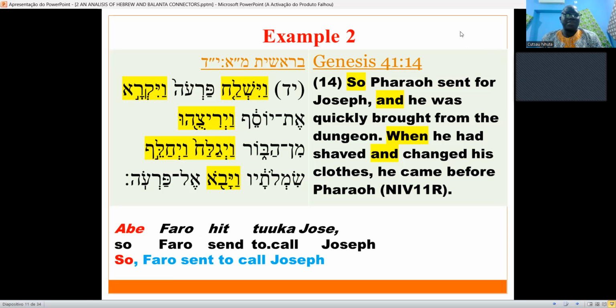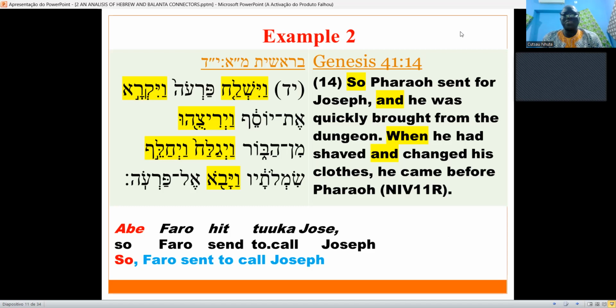Vaislach Pharaoh vaikra et Yosef vayritzuhu min habor vayigalach vaychalef simlotav vayavo el Paro.